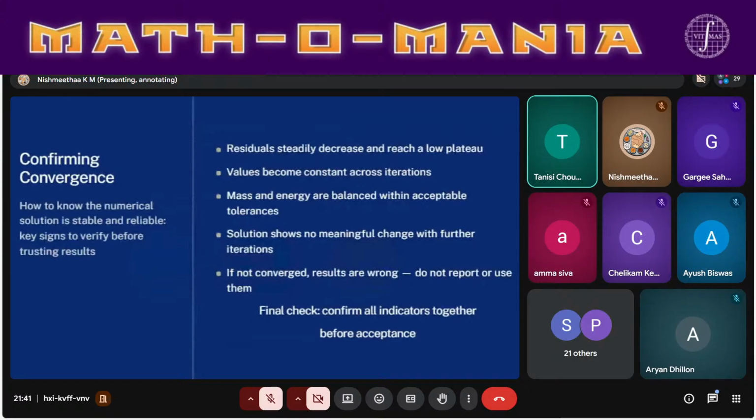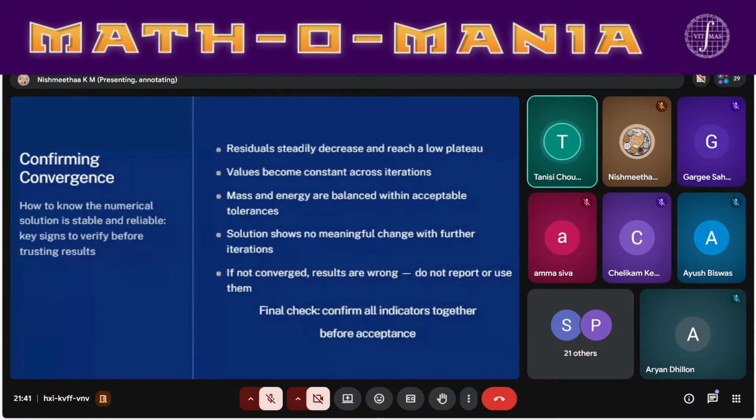Earlier I said we need to confirm convergence. What it basically is: how do we know if the result is stable and reliable? That stability and reliability is called convergence. To find that, you check the following.